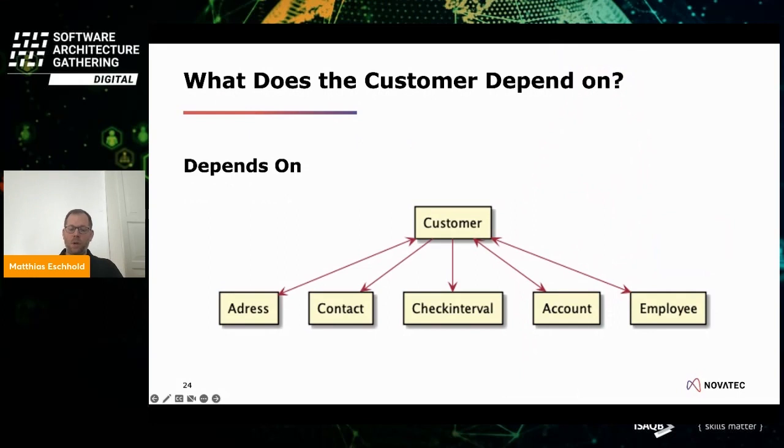The next step is to understand the aggregate candidates a little bit deeper. It is not necessary to understand every detail, but we should analyze how the customer is implemented and connected to the account and the report. And this can be done if you look at the classes the customer depends on. And please notice here the check interval.